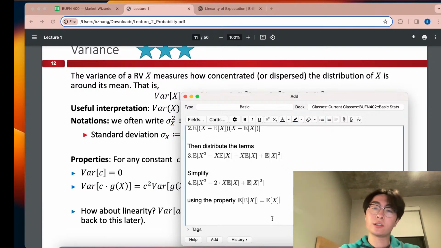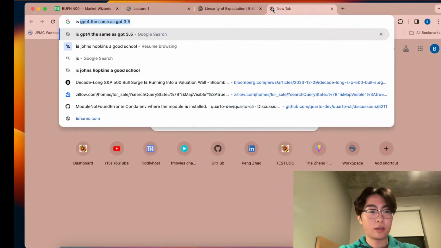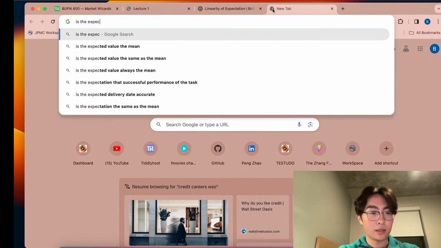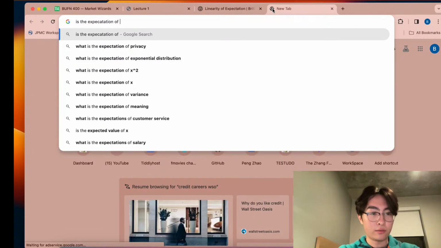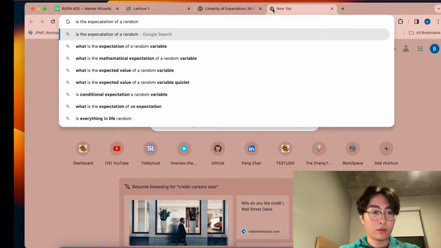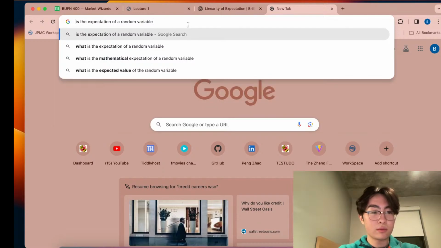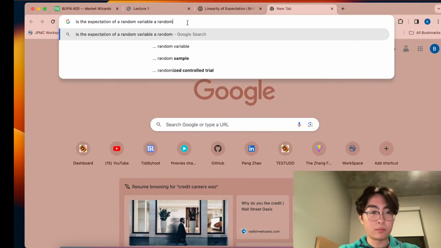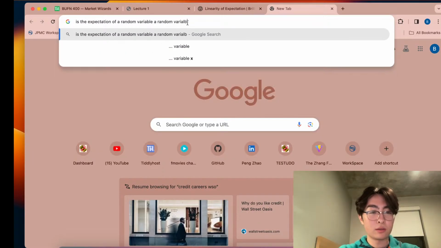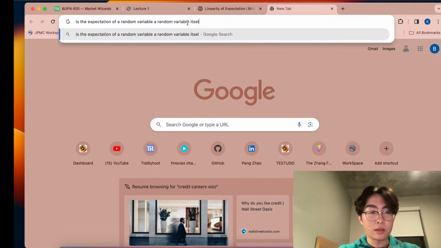So is the expectation of x a random variable? Let's see. Expectation of a random variable itself.